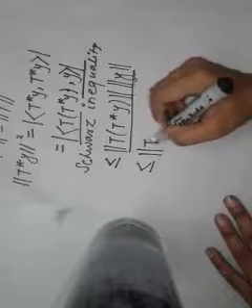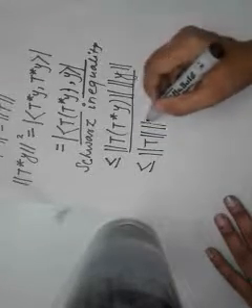Again, this can be written as norm of T into norm of T star y, into norm y.